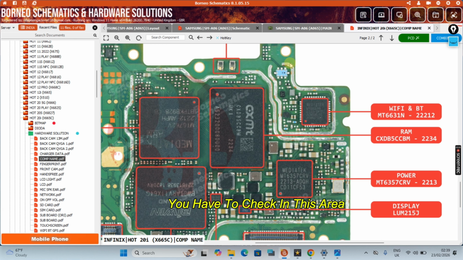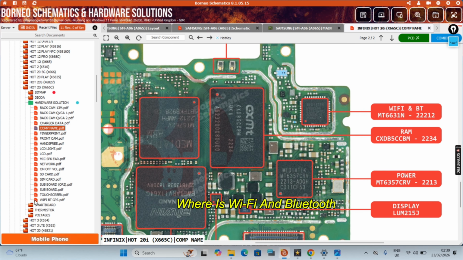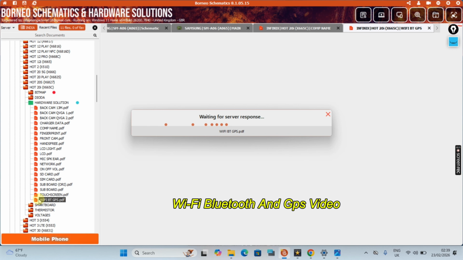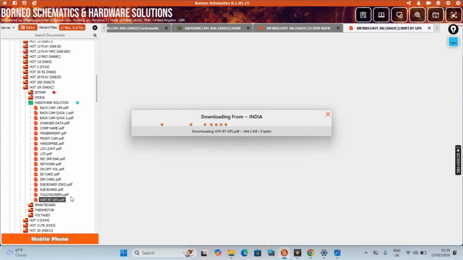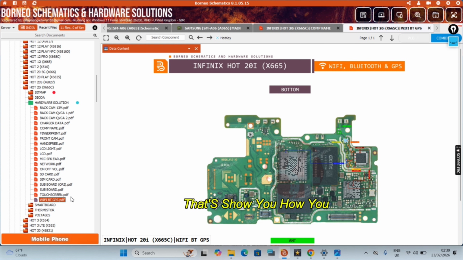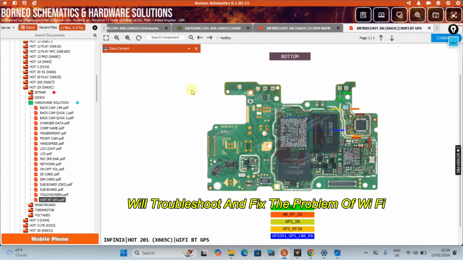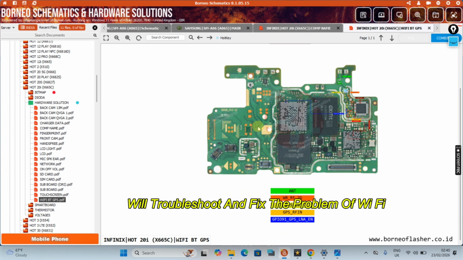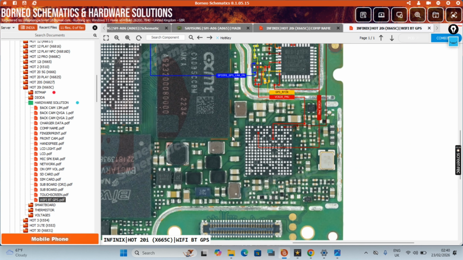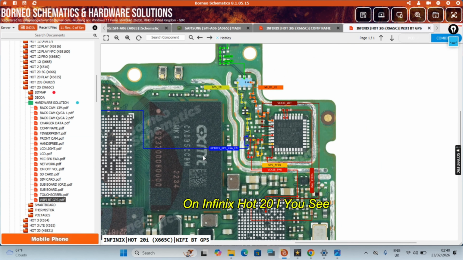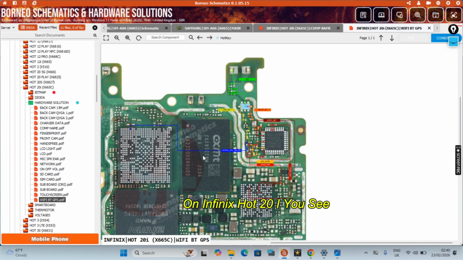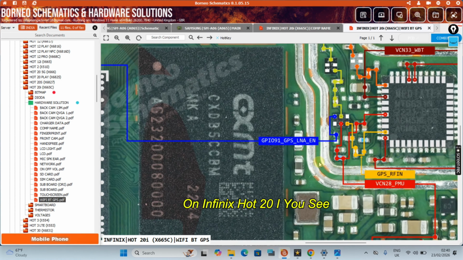You have to check every component in this area. Let me show you in the hardware solution where is Wi-Fi and the Bluetooth and the GPS. I'm opening it to show you how you will troubleshoot and fix the problem of Wi-Fi on Infinix Hot 20i.